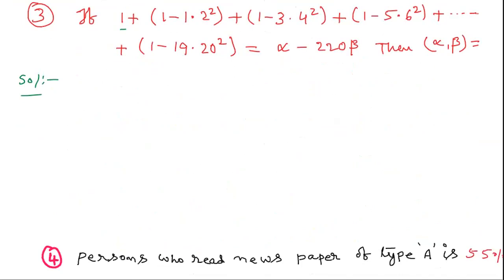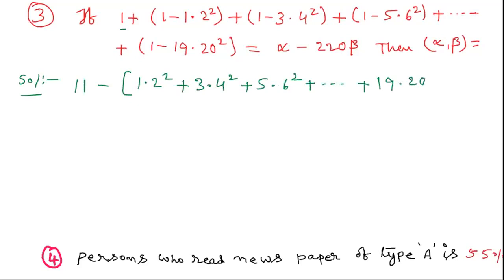Already 1 extra is there. Totally 11 minus. So each and every term is having the minus. So now take minus common. 1 into 2 square plus 3 into 4 square plus 5 into 6 square and so on. Finally 19 into 20 square.